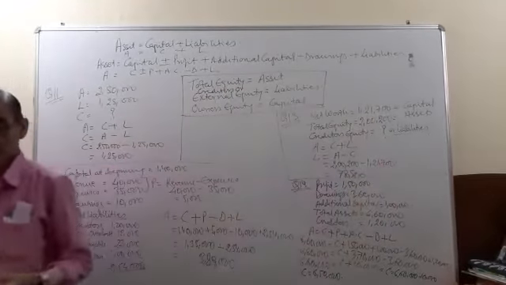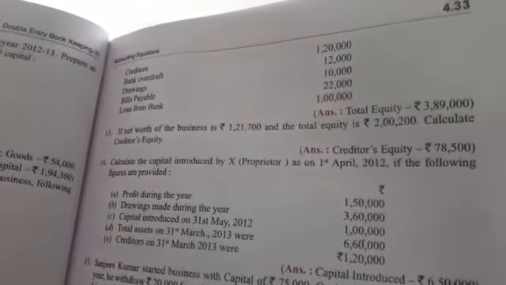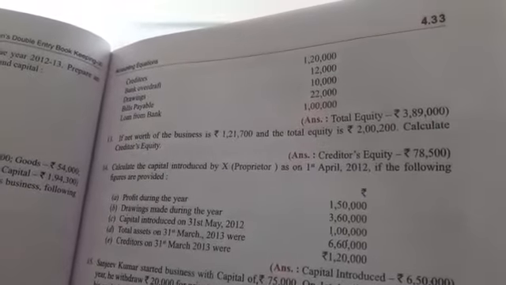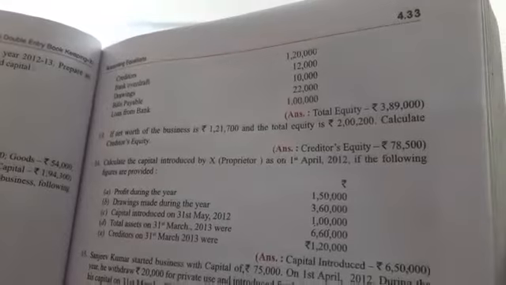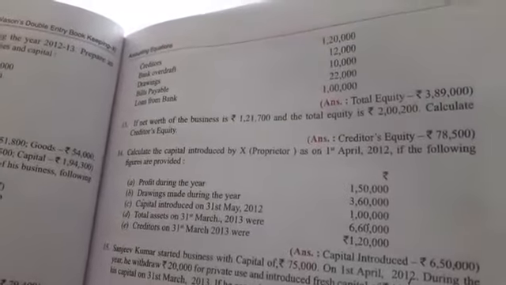Now question number 14. Question number 14 says, calculate the capital introduced by X proprietor as on 1st April 2012, means capital at the beginning, if the following figures are provided.